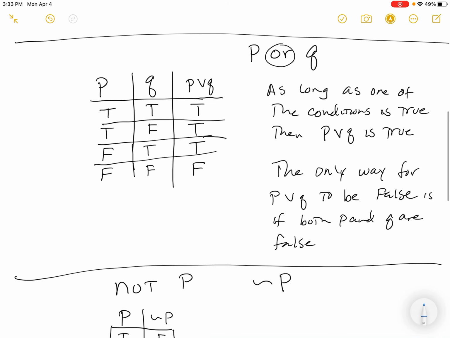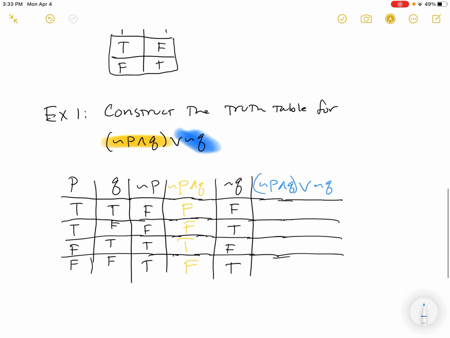So we're going to come up here and remind ourselves that, as long as one of them is true in an or statement, the whole thing's true. So as I look across this, the first one has to be false because both are false, but the other ones are all true because at least one of the elements is true. And so this helps me establish the truth table.